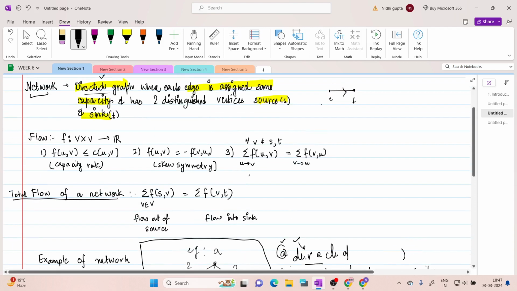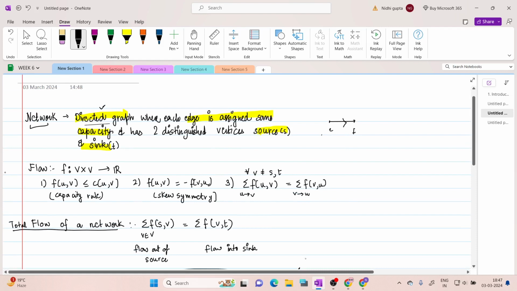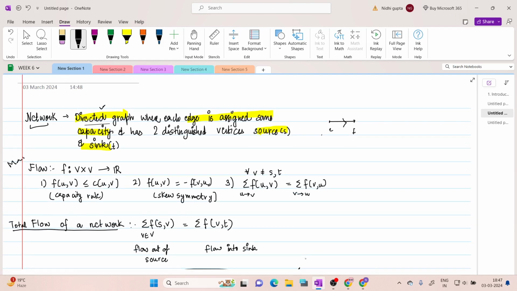Now once we have a network, our aim is to find the maximum flow. So what do we mean by flow? Flow is a function from the set of edges to R such that it satisfies these three properties.